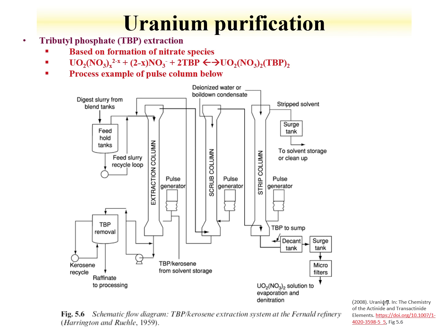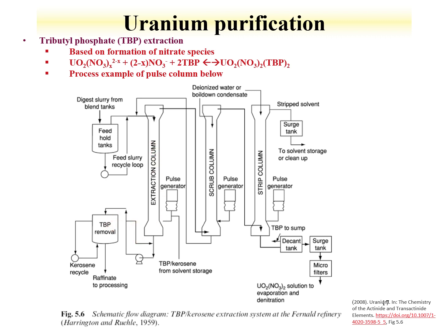Here's an example of uranium purification by solvent extraction, similar to the tributyl phosphate extraction that was done in the laboratory, except in this system a pulse column is used. For instance, we would have a feed tank that would hold the solution containing the uranium, and a column with tributyl phosphate.